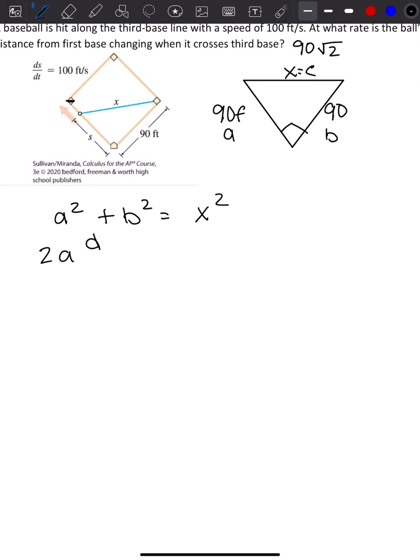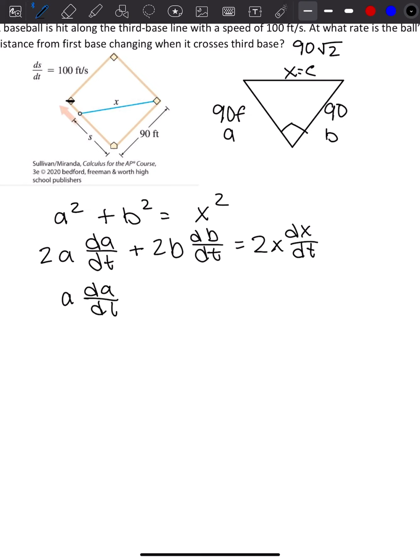So if we take the derivative, we get 2a dA over dt, 2b dB over dt, and 2x dx over dt. And just like any other time we use the Pythagorean theorem, we can go ahead and divide everything by 2. So a dA over dt, b dB over dt, x dx over dt.